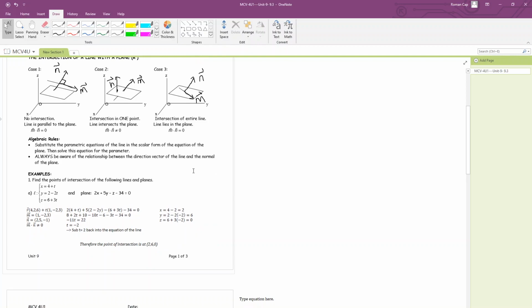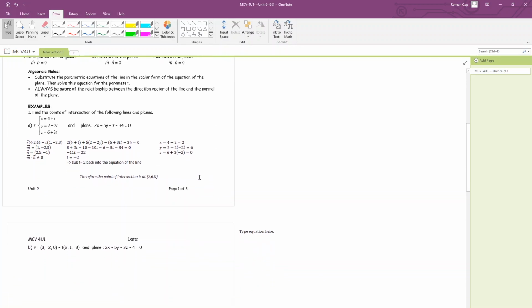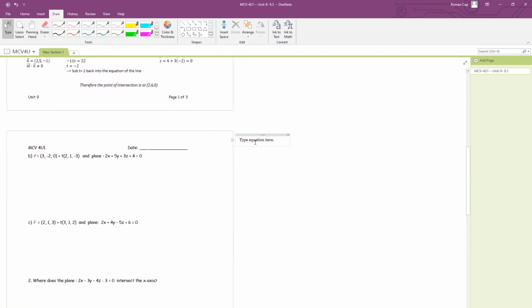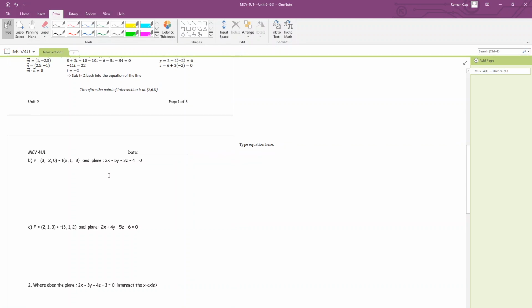Okay, so we'll move on to the next question. So here we have another vector equation with the plane, and we're going to see if it's going to intersect anywhere.